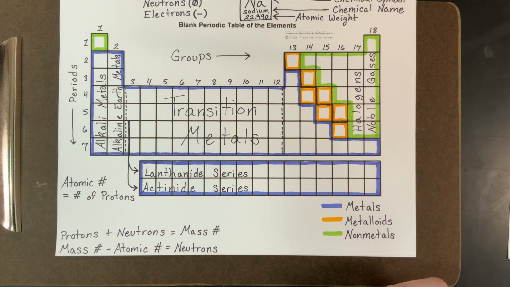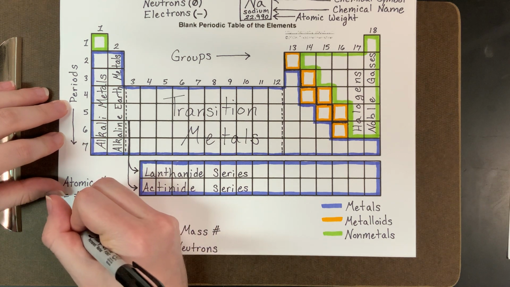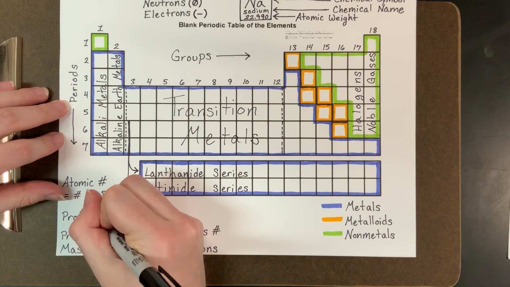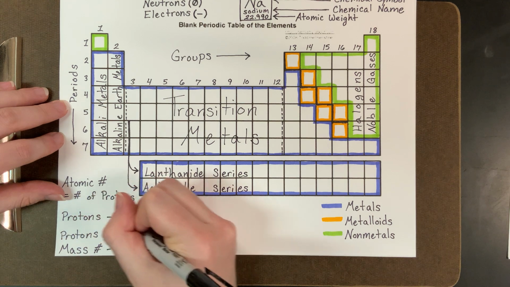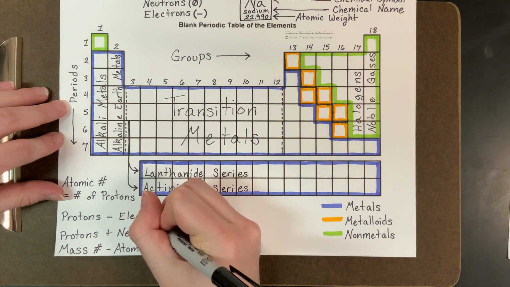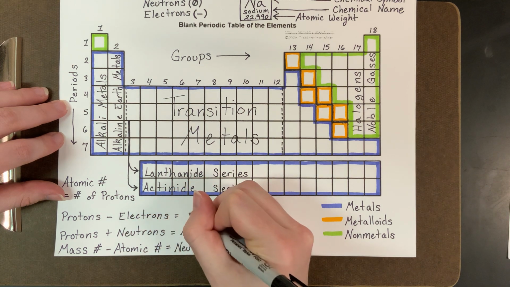And the last thing that I can use protons, neutrons, and electrons for is to calculate the charge. So I can take my number of protons and I can subtract my number of electrons to calculate the charge.